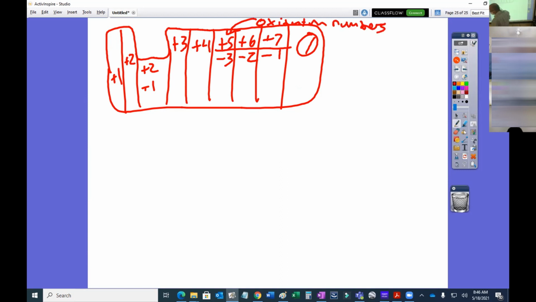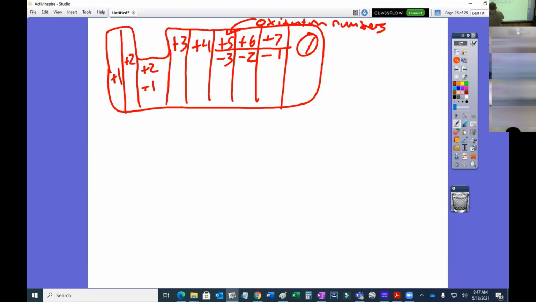What are oxidation numbers? I'm going to say it verbally. In covalent compounds, the electronegativities are typically not the same. The only time you're ever really going to bond to something with exactly the same electronegativity is when you bond to your identical twin, like arm wrestling your identical twin. Every other element on the periodic table is slightly different from every other element. So no matter who bonds to whom, there's going to be a slight difference in electronegativities. So one of the elements is going to get the electrons more than the other one. The one that gets it more is going to be slightly negative. The one that gets the electrons less is going to be slightly positive, and that's what these charges are.